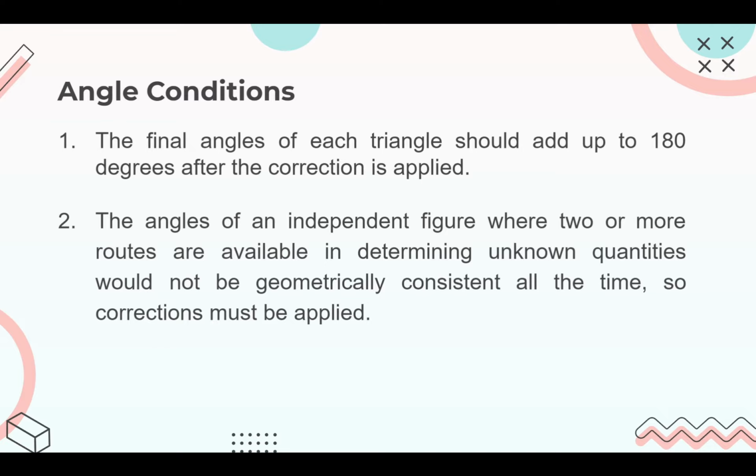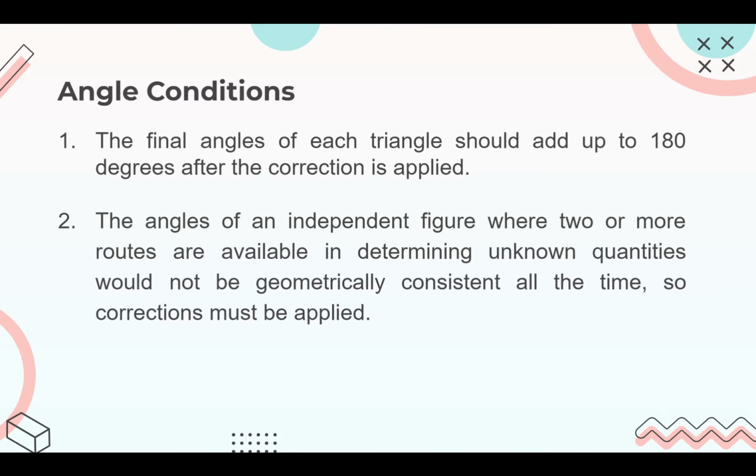In surveys, it is not very probable that the three measured angles would all add up to 180 degrees. In this case, a correction needs to be applied in order that the final angles of each triangle would add up to 180 degrees.